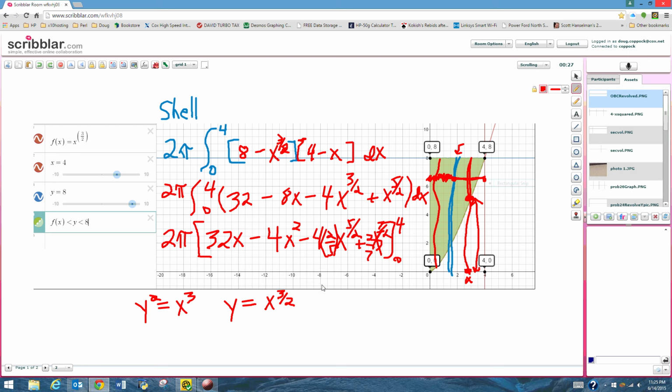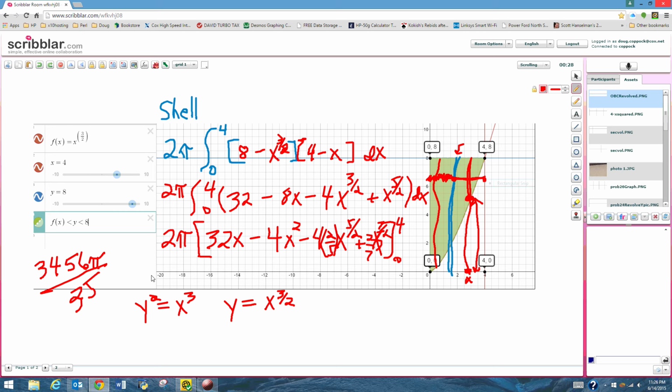Okay. You can see if you put 0 in for x, you're going to get all zeros, so it really is going to be 4 substituted for x. Simplify it all, multiply by 2 pi, you should get that answer that I had on the first slide, 3,456 pi over 35. That's the answer. And you get the same answer whether you use the shell method or whether you use the washer method.